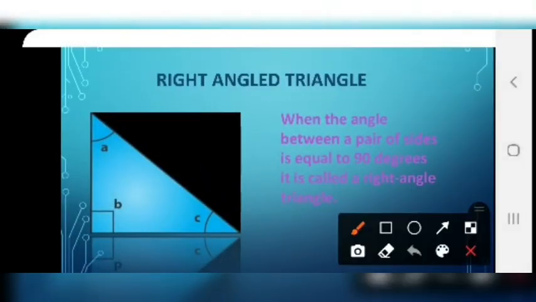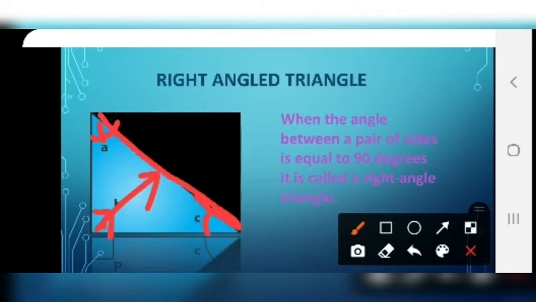Again observe the right angle triangle. Here is 90 degrees of angle. The other two angles are acute angles. The side opposite to right angle is called hypotenuse. This is hypotenuse.